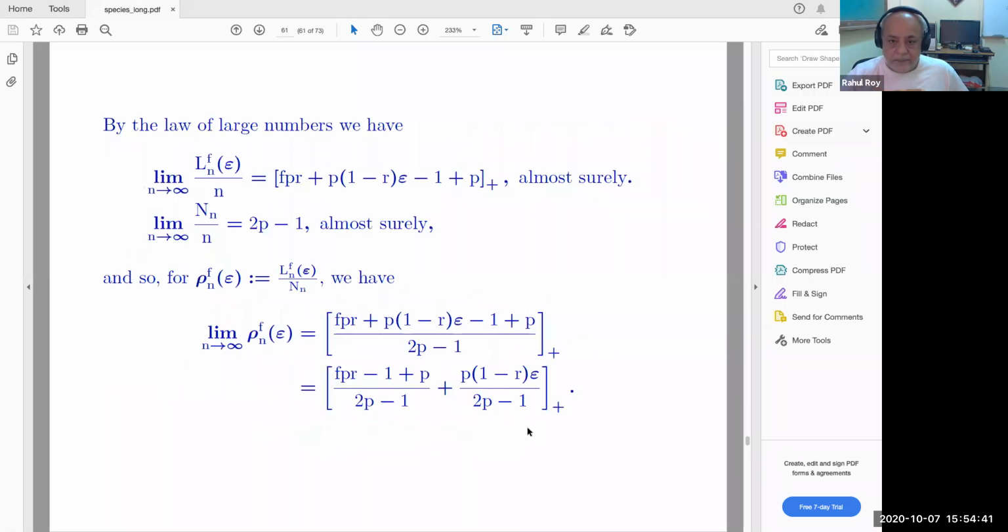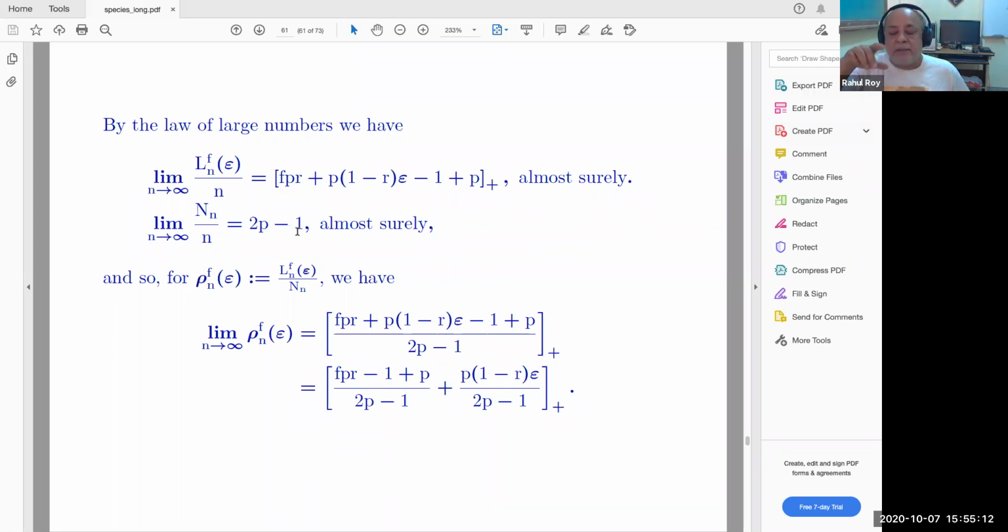And by the law of large numbers, for the epsilon Markov chain, L_n of f divided by n goes to this quantity. That's just coming from the transition probabilities for the epsilon Markov chain. And from just discounting the deaths, the surviving population at time n over n is 2p minus 1, almost surely.